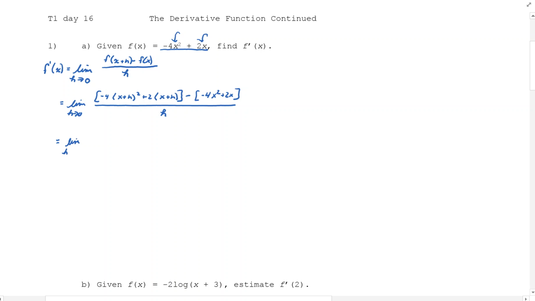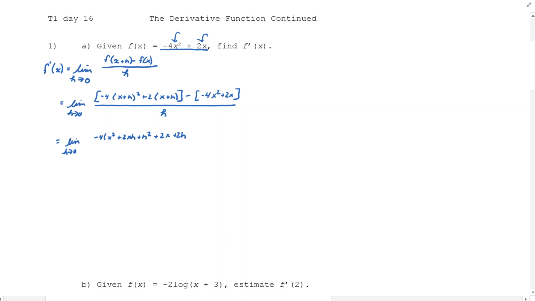I still have a limit as h goes to 0. So I've got the negative 4 times x squared plus 2xh plus h squared, plus 2x plus 2h, distributing.